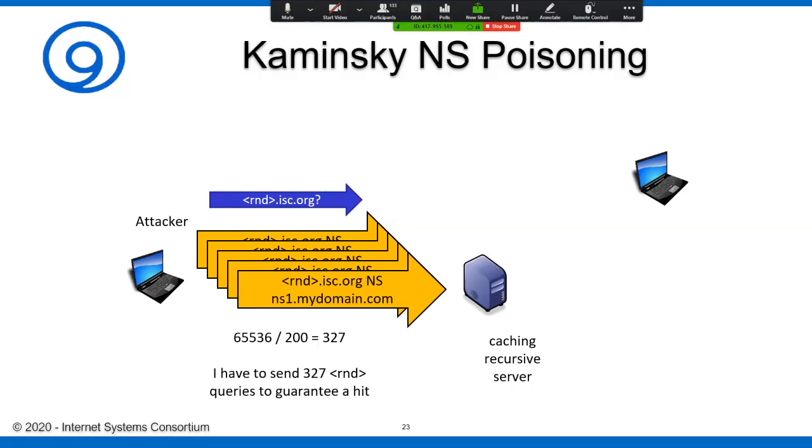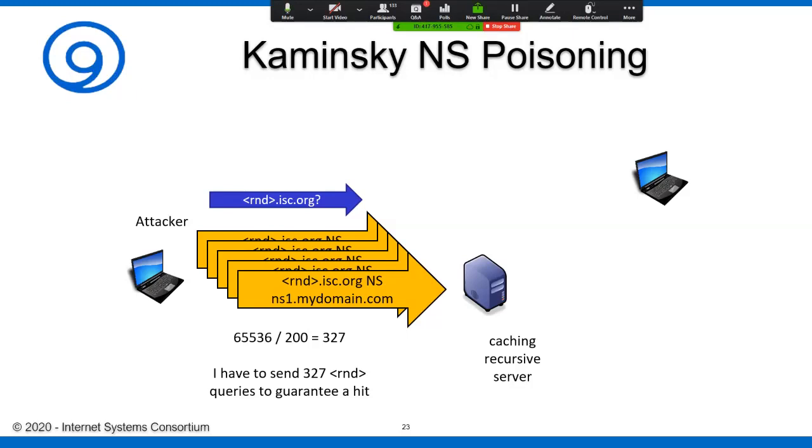So this is a very interesting attack because there's nothing at all that the authoritative server can do about this. All the authoritative server can do is respond to the random queries that these caching recursive servers are sending back. There's nothing that they can do to guess what the next random query is going to be from the attacker.